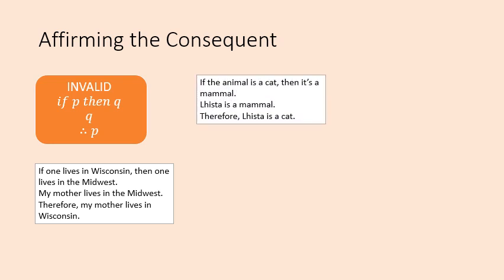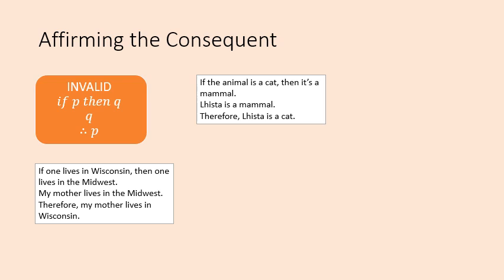Here's another example, same kind of deal. If the animal is a cat, then it's a mammal. Lista is a mammal, therefore Lista is a cat. Lista can be all kinds of different mammals here, right? Lista could be a cow or a dolphin or a llama, all kinds of non-cat things here, such that both of the premises would be true, but the conclusion is still false, right?